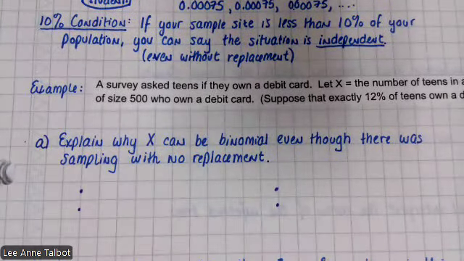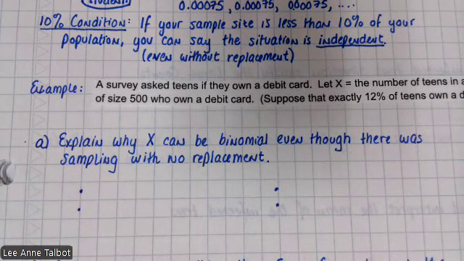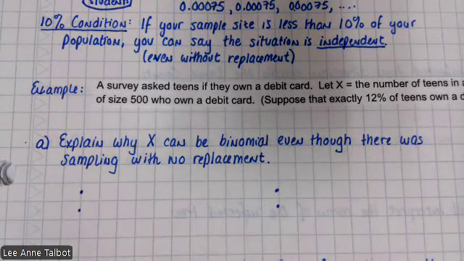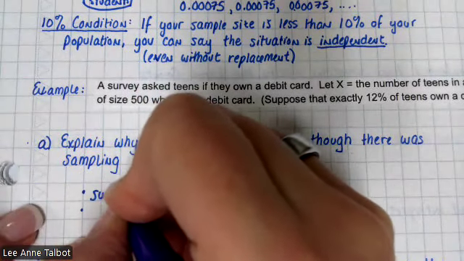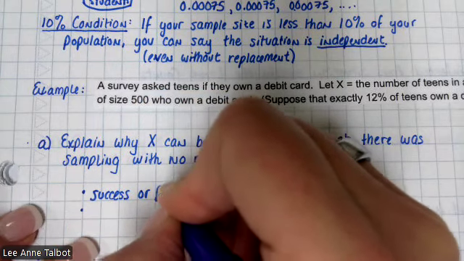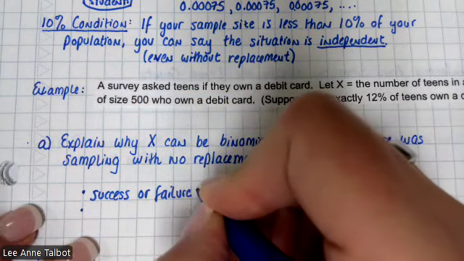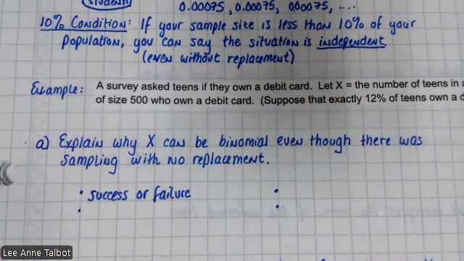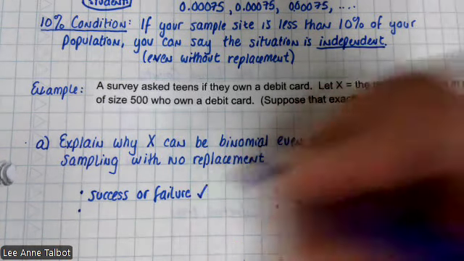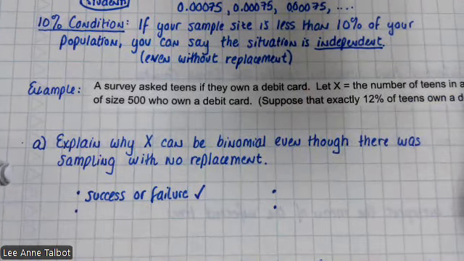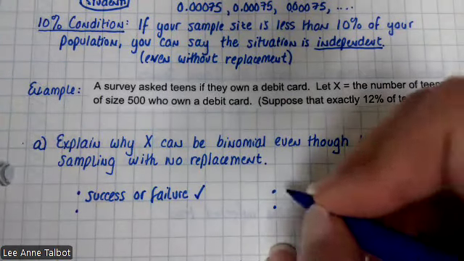Okay. Do you guys remember the 4 requirements for being a binomial? And let's not do independence first. Let's do independence last. Success or failure. Is this a success or failure situation? Yeah, they own a debit card or they don't. Is there a consistent probability?